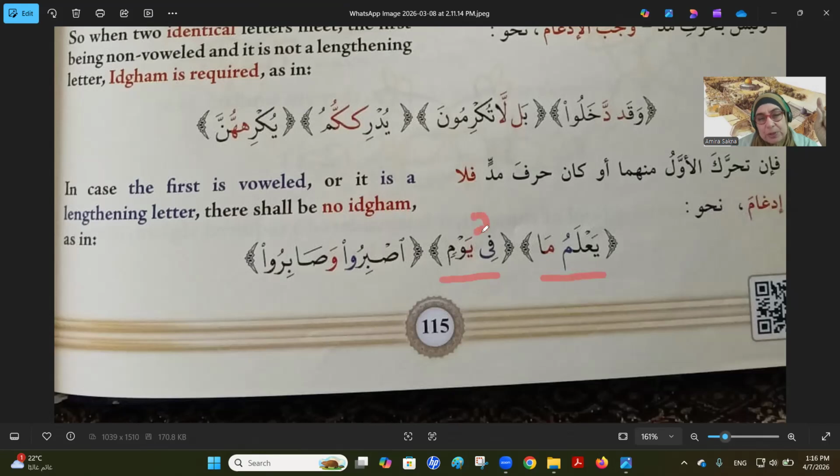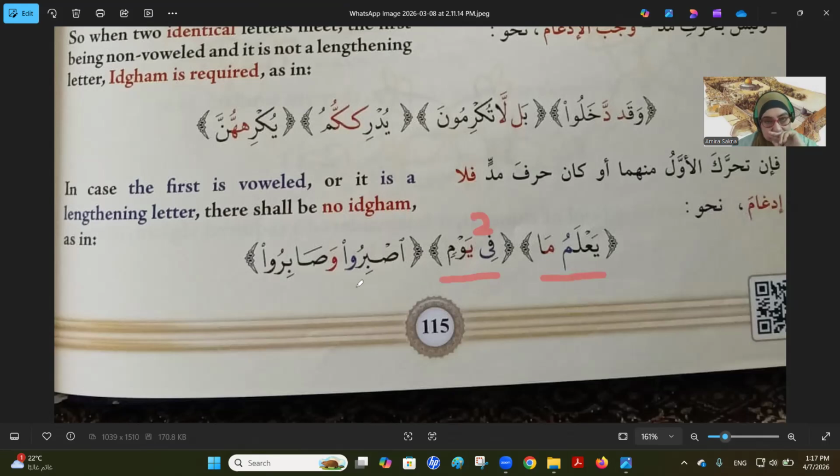So when you recite, my dear sister, and you drop the time of the mad letter, where are the two counts of the natural mad? Because in such a case, you are merging the natural mad. So pay attention, my dear sisters: fi, two counts, fi yawm.